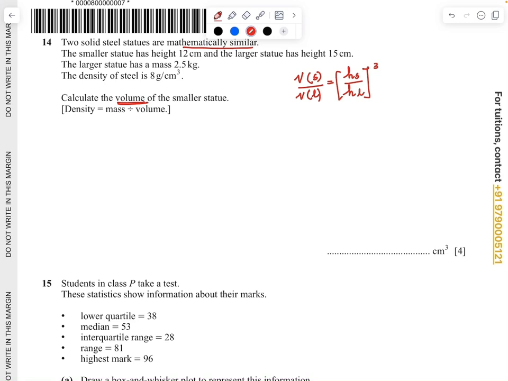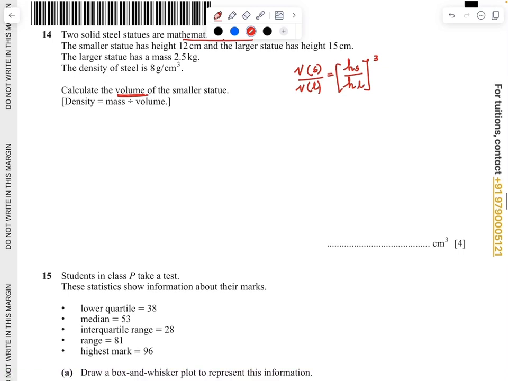Now we don't have the volume of the smaller or the larger. But some other information is given related to the larger statue. So let's get the volume from that.